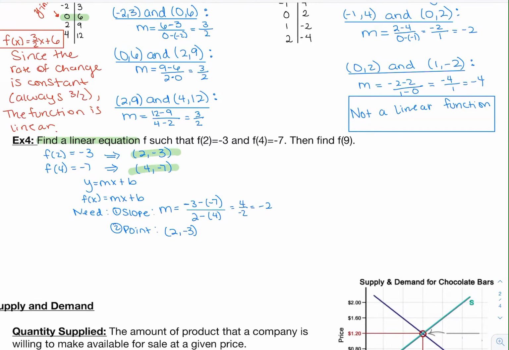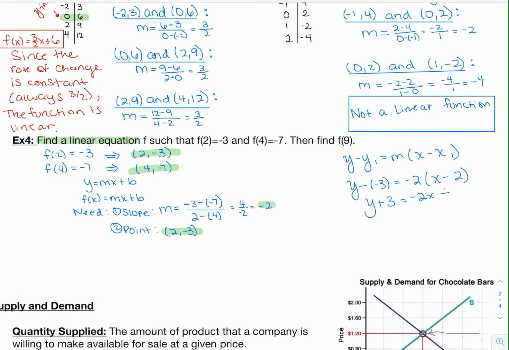Okay, we're ready to find the equation of our line. Now, because we don't have the y-intercept, I'm going to use the point-slope formula to find the equation of my line. And we have y minus y1, that's -3, is equal to our slope -2, and then x minus x sub 1, which is 2.